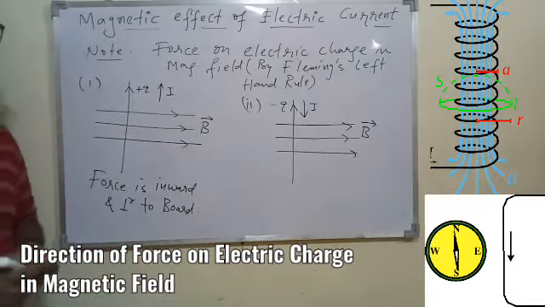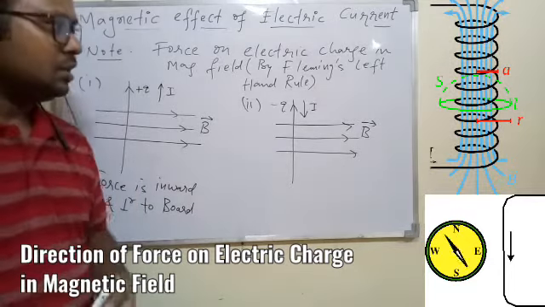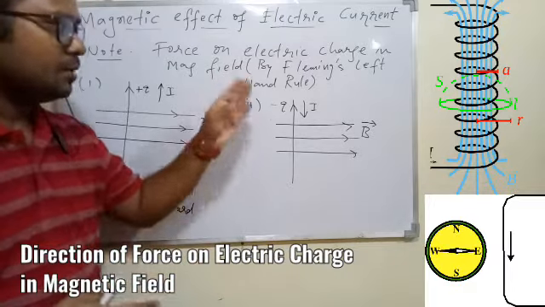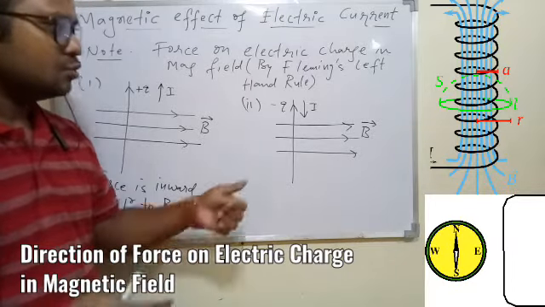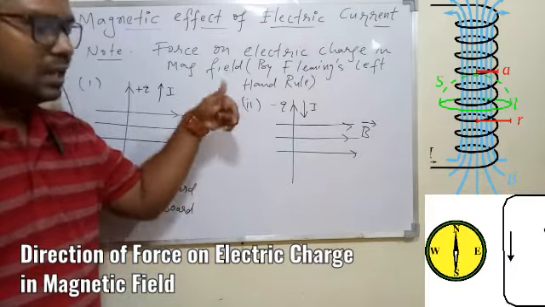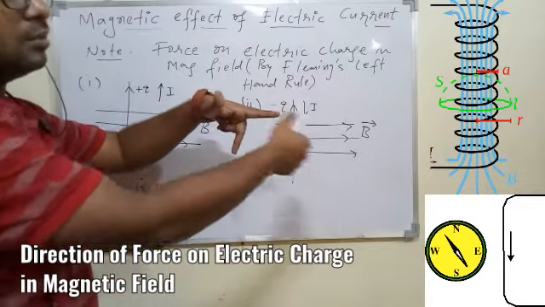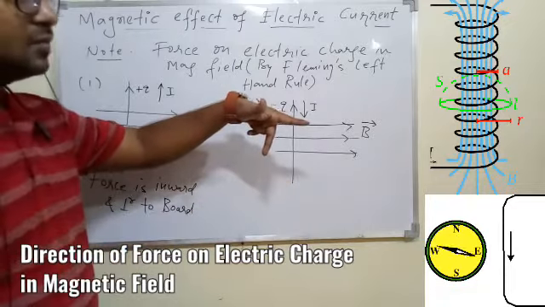We understood this in the very first chapter. Electric current always has a direction opposite to the direction of flow of negative charge. So negative charge is upward, so electric current will be downward. Now we got the electric current, we got the magnetic field, so the force is outward.